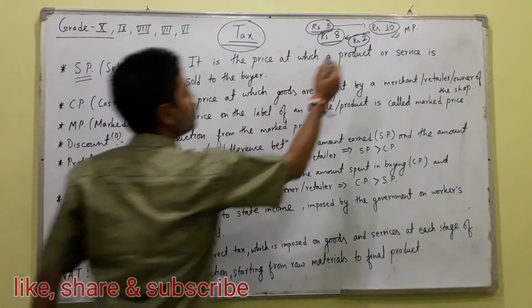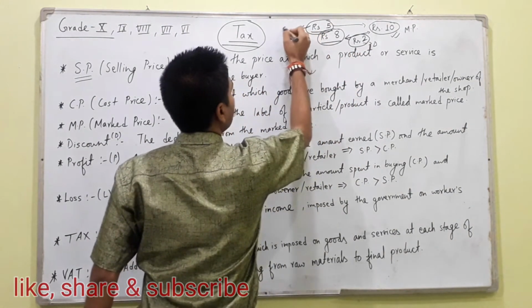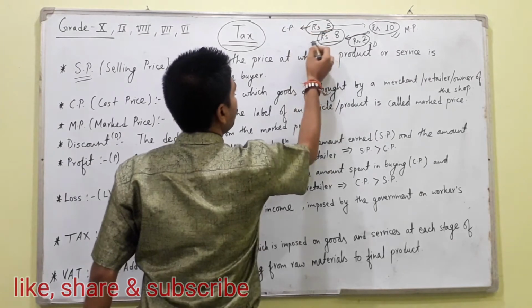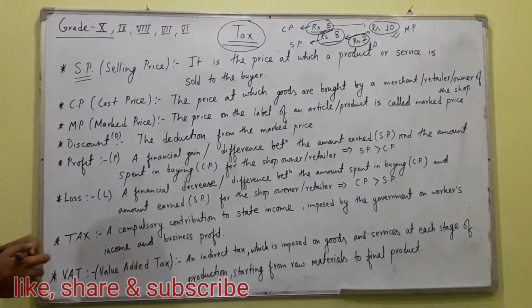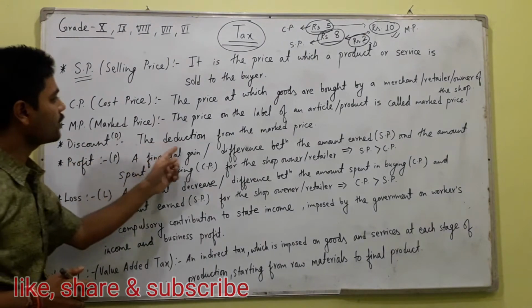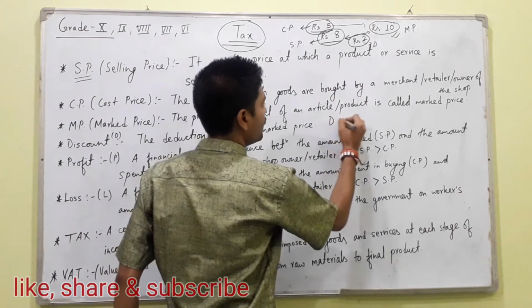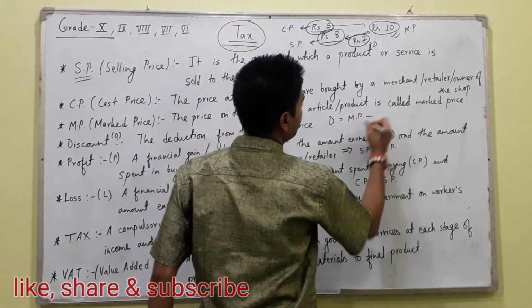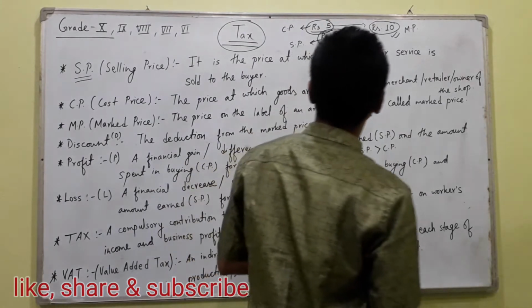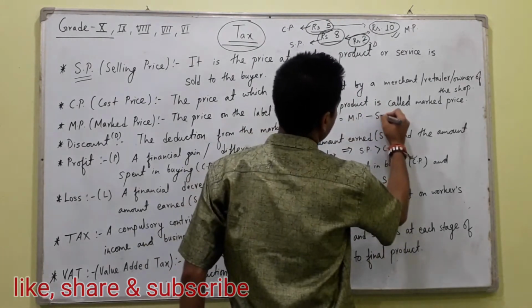So that rupees 2 is the discount, rupees 5 was the cost price and rupees 8 is the selling price here. So discount is the deduction from the mark price. How do we get the discount? It is the selling price deducted from the mark price.